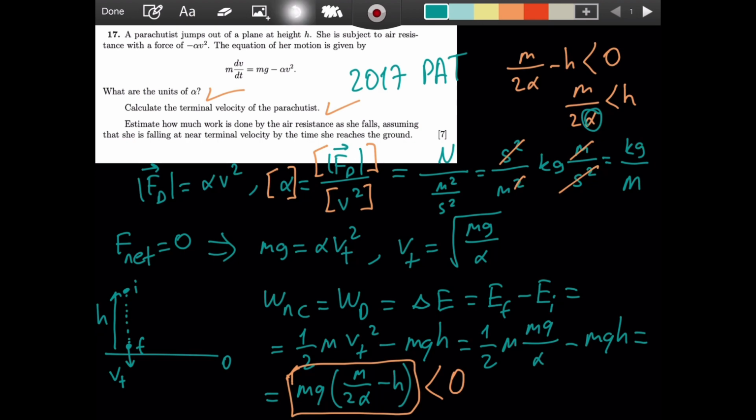Well, no. It simply means that if the parachutist is to reach the terminal velocity by the time they reach the ground, their initial height should at least be m divided by 2 alpha. Otherwise, by the time they reach the ground, their velocity will not be their terminal velocity. Not yet. Okay? I hope this makes sense.